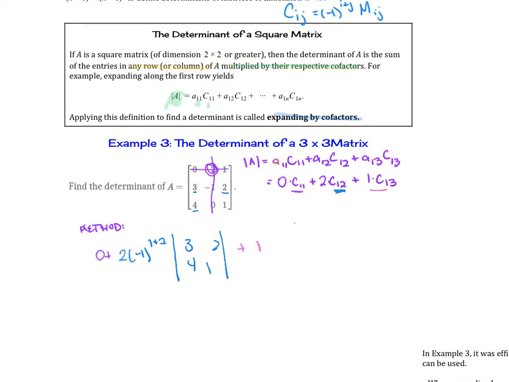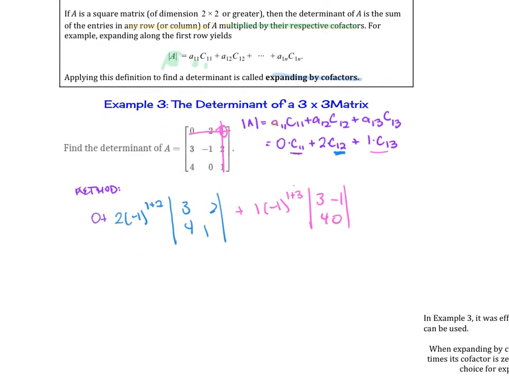So plus 1, and then to get the correct sign, it's -1 raised to the 1 plus 3. And then so let me erase what we have here. And so what I do is I delete this row, that column. So 3, -1, 4, and 0. And then that should help us find the determinant.